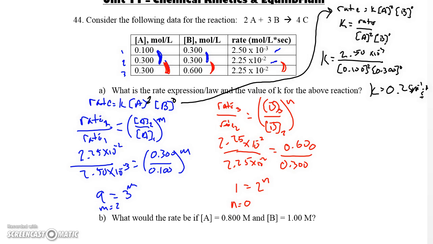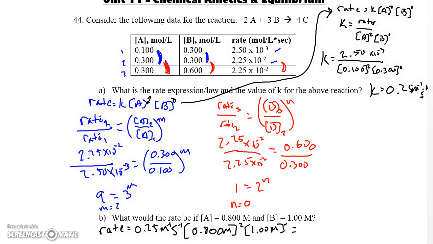So now I've got everything I need in order to do letter B. What would my rate be if my concentration of A were 0.8 and my concentration of B were 1.0? I'm just going to plug it into the equation we just came up with. Rate is equal to k, which we said was 0.25 big M to the negative first, seconds to the negative first, times 0.800 big M squared times 1.00 big M raised to the 0 power.